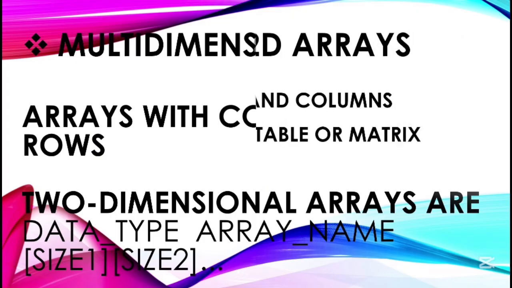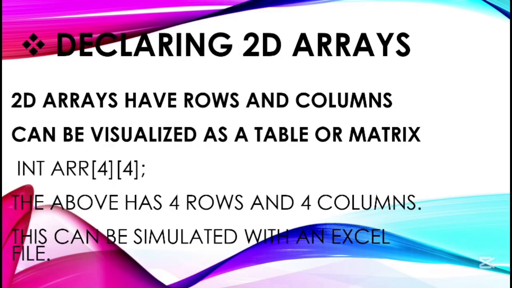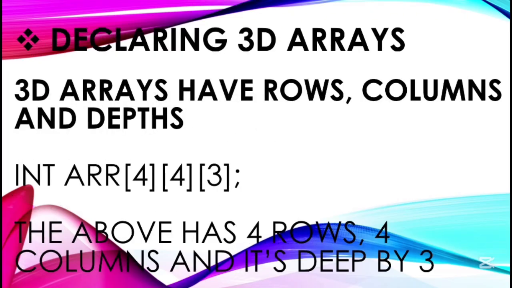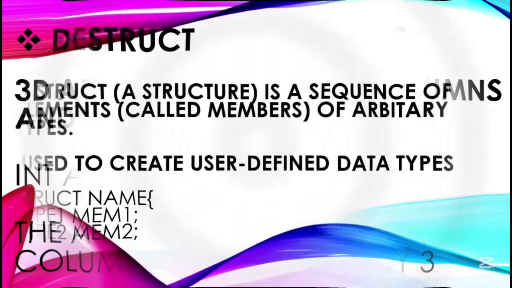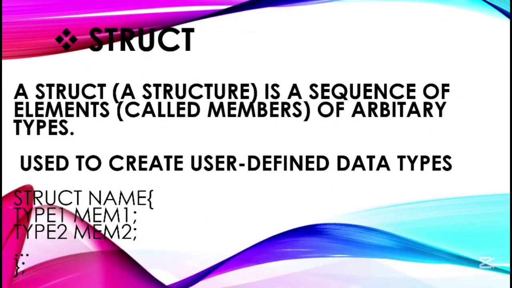We also have multi-dimensional arrays, which come in 2 forms: the 2D arrays and the 3D arrays. The 2D array has a column and a row. But the 3D array has a column, a row, and depth. In the example above, we can see we have 4 rows, 4 columns, and 3 depths.